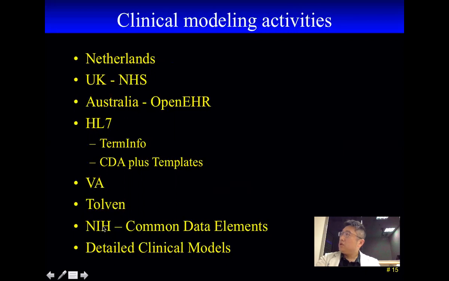And the NIH has caBIG, which created common data elements. But right now openEHR, the detailed clinical model and the UK NHS have merged. They try to create a single universal EHR for international use because they think it's too complicated to create on their own. So these four countries joined together.